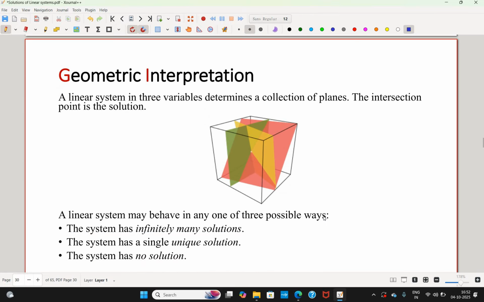Now, before we proceed, we need to understand the geometrical interpretation of the system of linear algebraic equations. As it is very feasible for us to look into systems of equations which can be easily observed, like a 2 cross 2 system of equations, which we know can be considered in a two-dimensional plane, right?